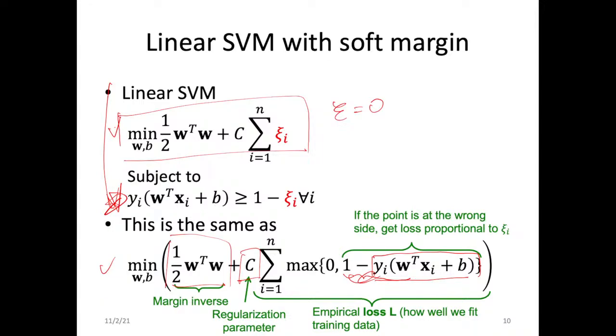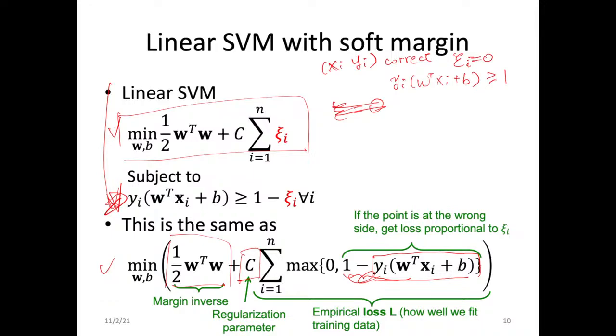So let me write it down. If a certain data instance xi, yi in the training instance is correctly classified, that means its corresponding psi i would be 0. And that also means yi multiplied by w transpose xi plus b would be larger or equal to 1.